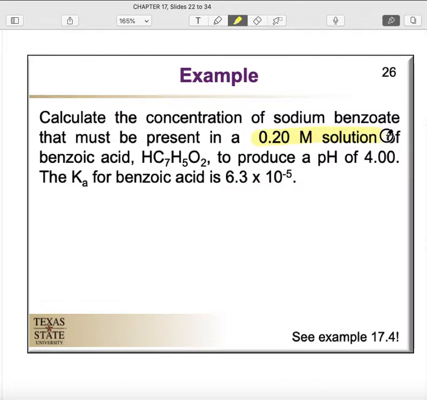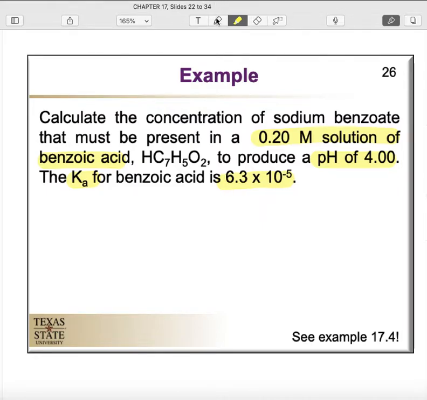We know the concentration of the benzoic acid. We know the pH that we want. We know the Ka for benzoic acid, which is provided right here. And what we're looking for is the concentration of the sodium benzoate. Sodium benzoate is the conjugate base of that benzoic acid in the form of a salt.